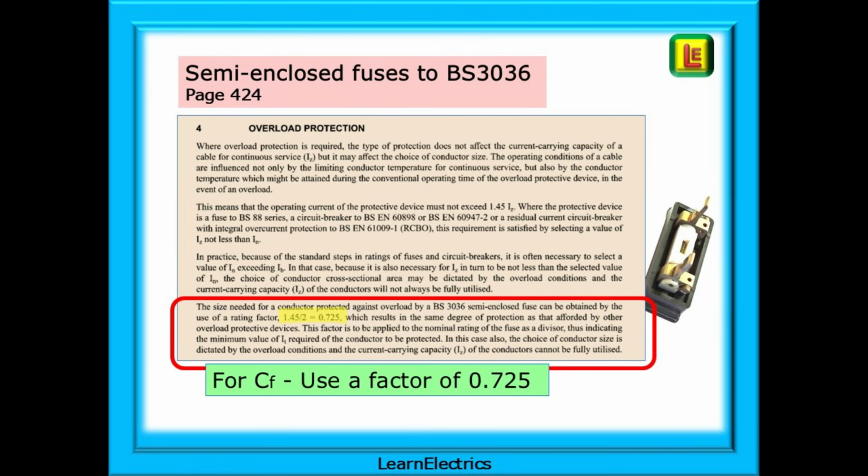BS 3036 fuses are the semi-enclosed rewirable fuses from the 1950s, and the blowing of the fuse wire, the melting of the fuse, is not as instantaneous as the more modern breakers. To compensate for this, we apply a fusing factor just for 3036 fuses. You will find information relating to this and the fusing factor on page 424 of the Regs book.